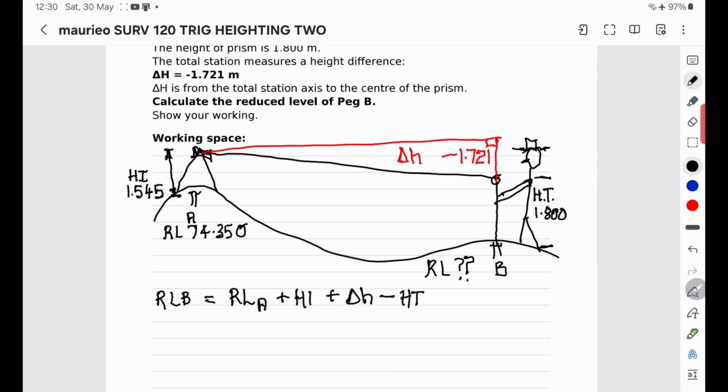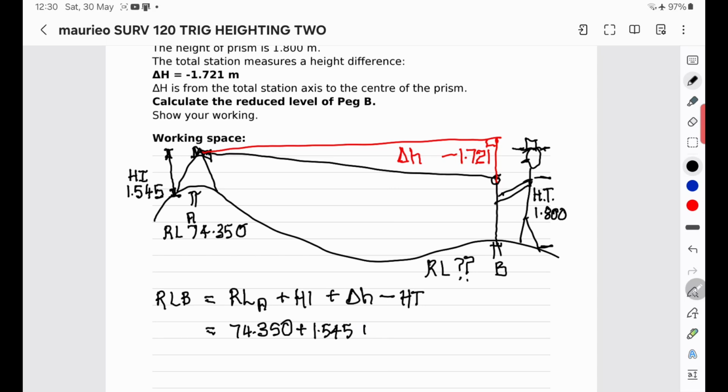Alright, and filling in, put the values in from the question. RL of A, 74.350. Height of instrument, 1.545.